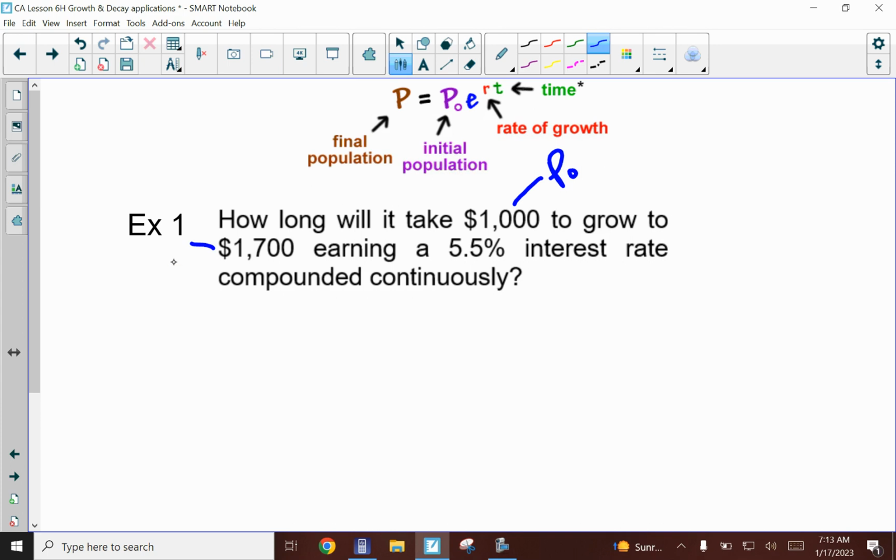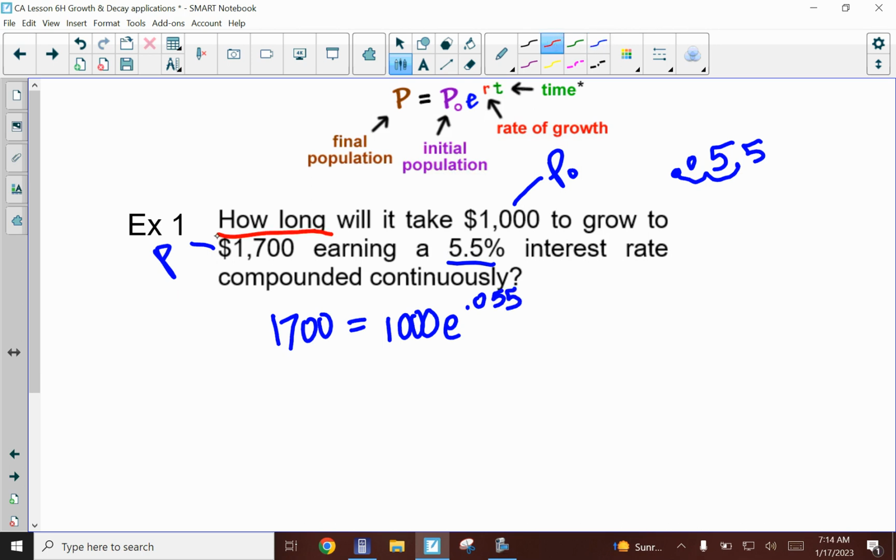This is the ending amount, so that's P. And then this obviously is going to be your R. So using the formula, we're going to have 1,700 equals 1,000 e. Now 5.5 has to be converted, so we'll move the decimal over 2 places, so it's 0.055. And the question is asking how long. We don't know how long, so that's going to be T.